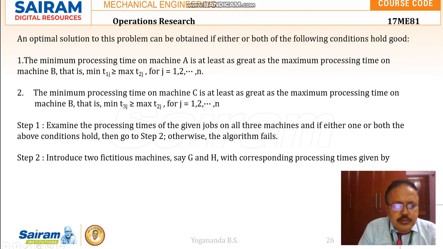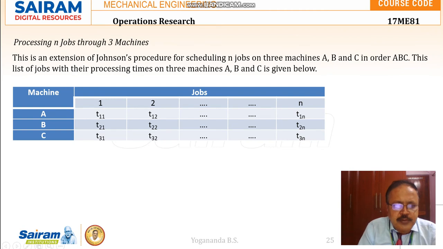So the first step is to examine the processing times of the given jobs on all the three machines. If either one of the above two conditions holds good, then we go to the next step, otherwise the algorithm fails. We introduce two imaginary machines G and H with the corresponding processing times.